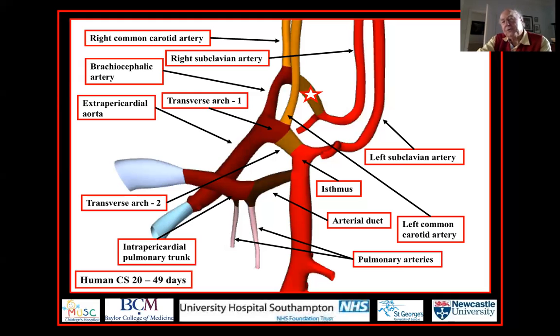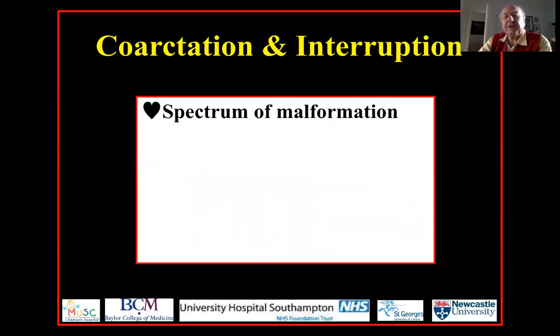So hopefully you will see how this developmental information now permits us to understand precisely how we get the formation of these extrapericardial arterial channels. And this is the background to what I now want to discuss with you in the setting of coarctation and interruption. And I'd like to discuss this with you in the setting of a spectrum of malformation.